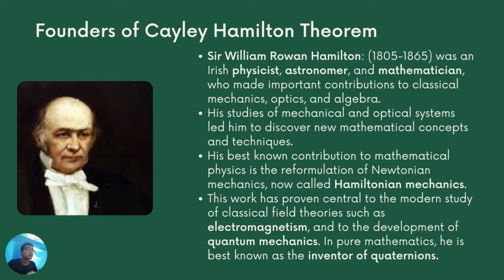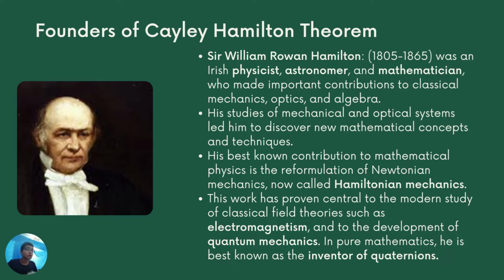He is Sir William Rowan Hamilton, 1805 to 1865. He was an Irish physicist, astronomer and mathematician who made important contributions to classical mechanics, optics and algebra. His studies of mechanical and optical systems led him to discover new mathematical concepts and techniques.